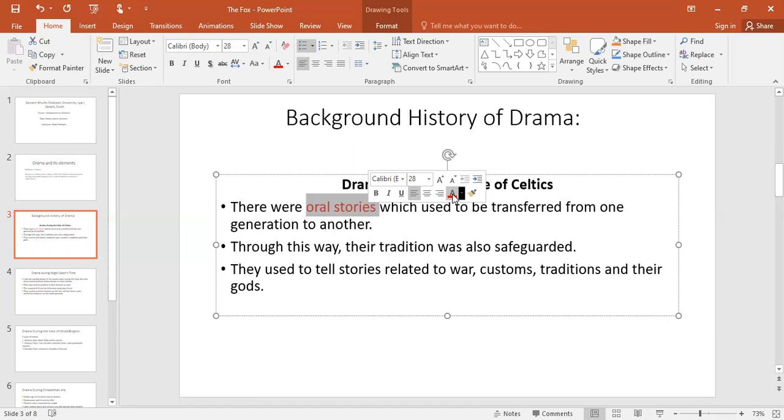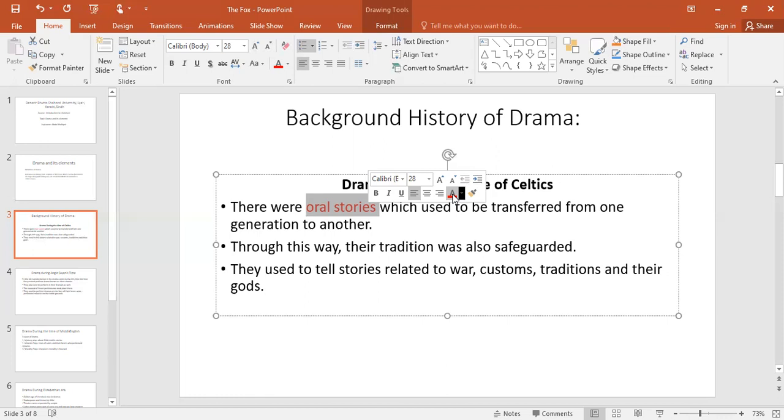By telling these stories related to their tradition, they were infusing new energy into the young generation to safeguard their tradition. The dramas or oral stories were transferred from one generation to another in order to save the tradition.